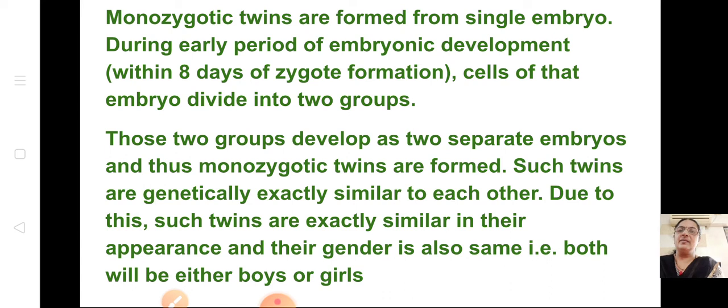That means when the embryo in the early stage of development, within 8 days of zygote formation, is divided into two parts, each will grow separately and grow properly. There will not be any defect in them, and they will look similar. Even the appearance will be similar, even the gender will be the same.